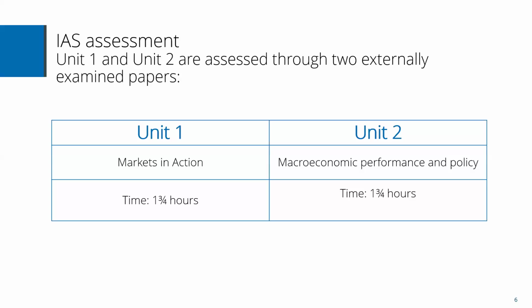They both have an exam paper time of 1 hour and 45 minutes. That is 15 minutes longer than the legacy specification, just to allow that little bit more thinking time as well as answering the questions.